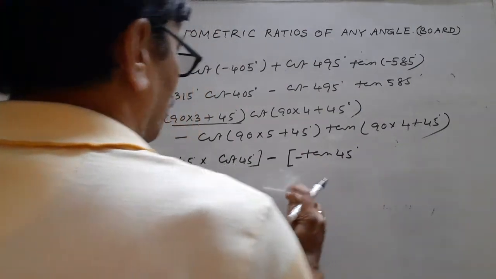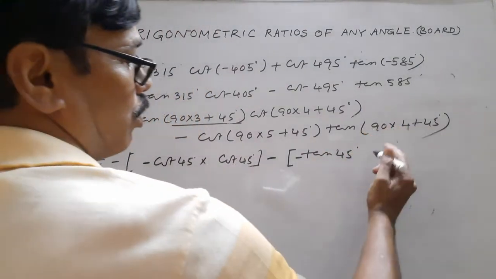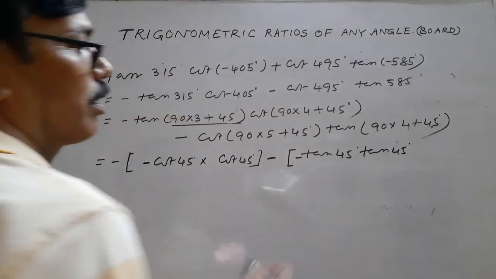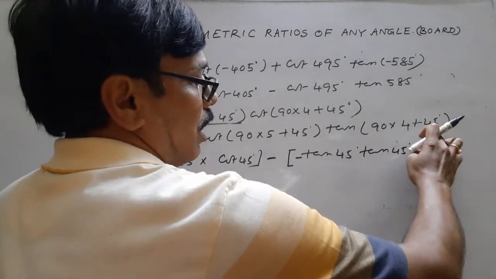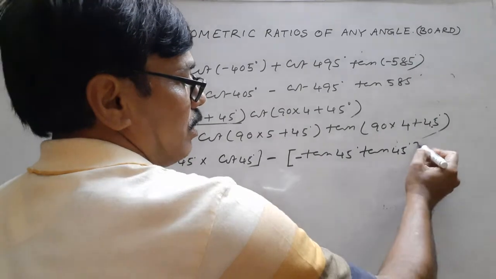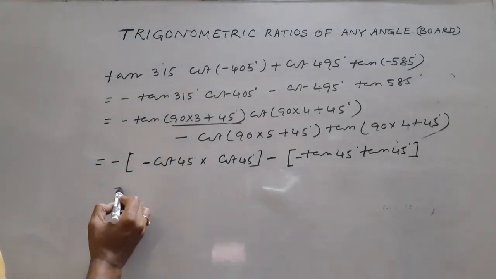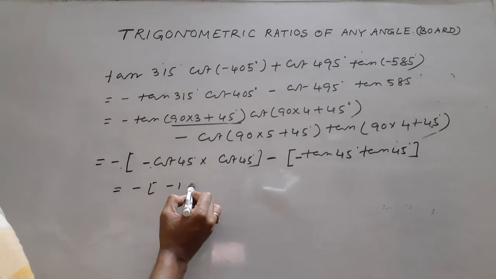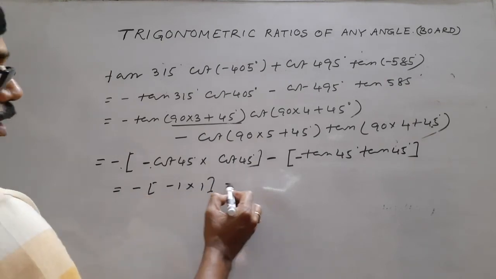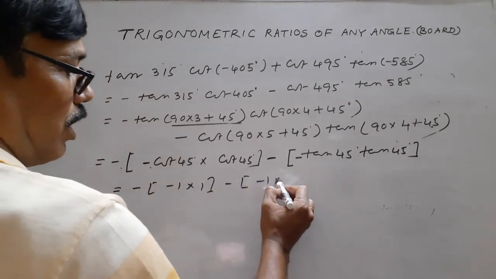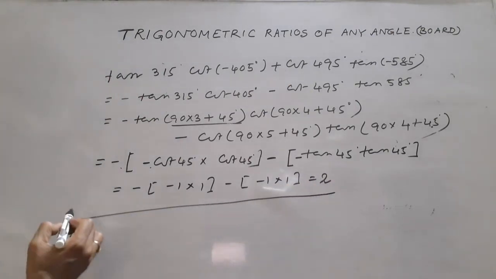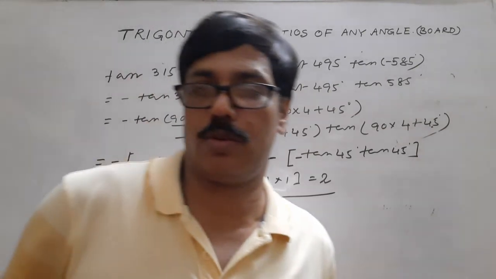So tan 90 into 4, so tan 45, and it is in the fourth quadrant, fourth plus theta, fifth quadrant, that is in the first quadrant. So this minus plus. So this is minus 1 into 1, minus 1 into 1. So the answer is 2.